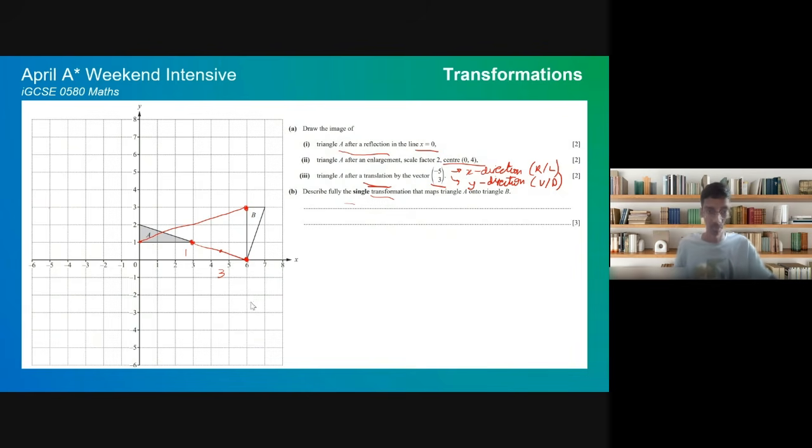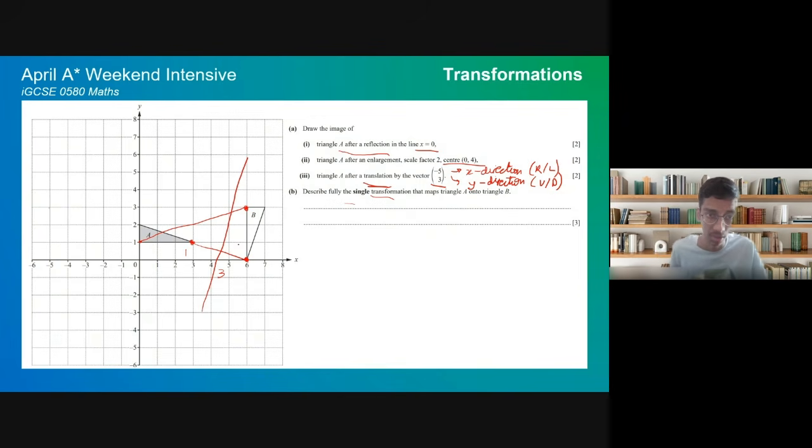And then the gradient of this, since this is -1/3, the gradient of the new line would be 3. So the line would look something like this. It's not perfect, but in the exam you'll have rulers to work with. So okay, that's the first perpendicular bisector.